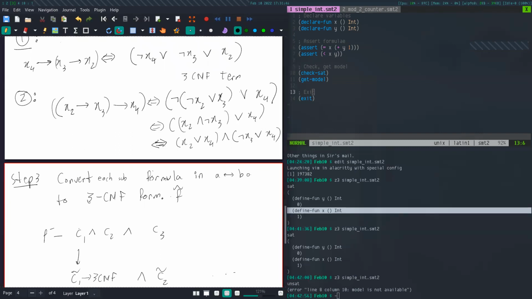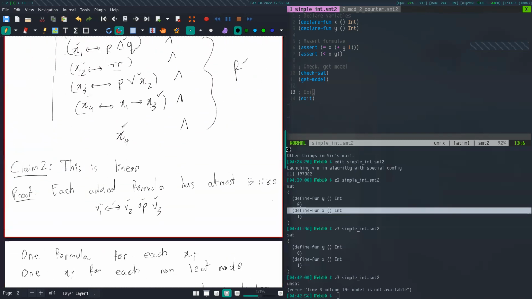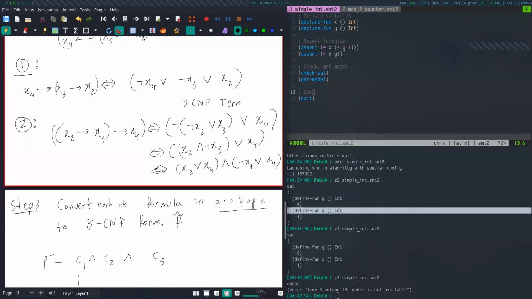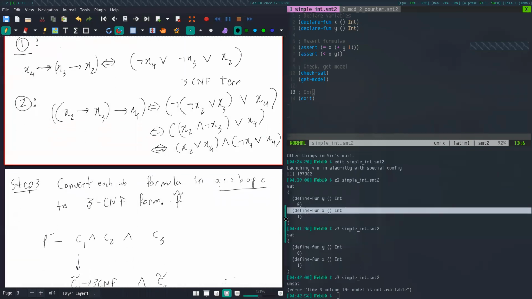You have some finite number of operators, and each formula is just A is equivalent to B of C. So it doesn't matter how complicated this step is, it always involves only 3 variables and 2 operators, so you can consider it a constant time step. It doesn't matter much if you have to introduce 10 terms to represent this in 3CNF, although you won't; you can do it in 3 or 4 terms for most of these things. So the complexity of this final step doesn't come into the picture.